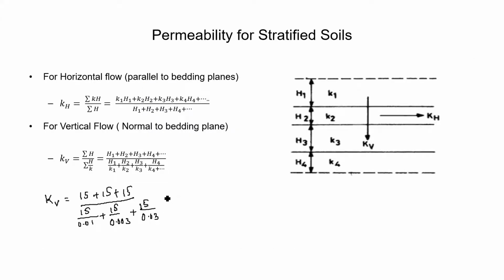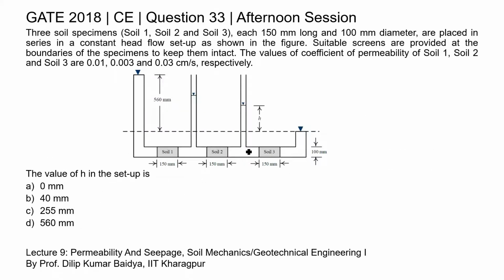When we solve this, we get Kv as 9 by 1400 centimeter per second. This is the equivalent permeability for all the soils.